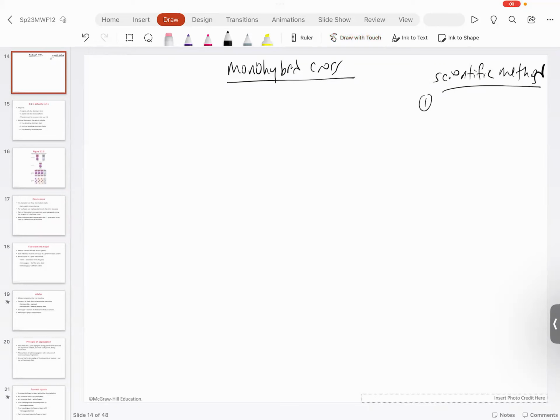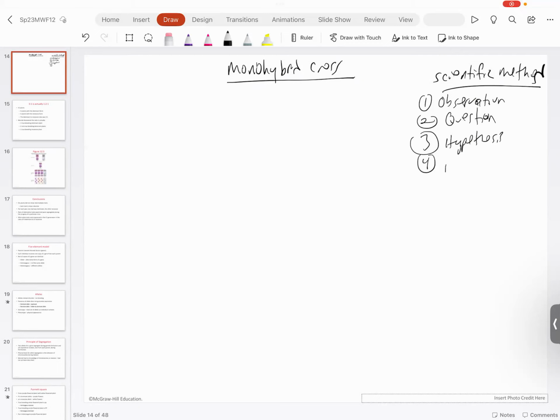I want to list our scientific method, and we'll see how he hit every single piece, right? We learned about this in chapter 1. Our first piece of the scientific method is our observation. From our observation, we generate a question. And from our question, we come up with our best guess, our educated answer, that's our hypothesis.